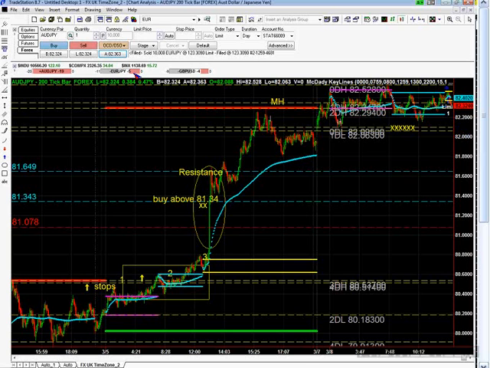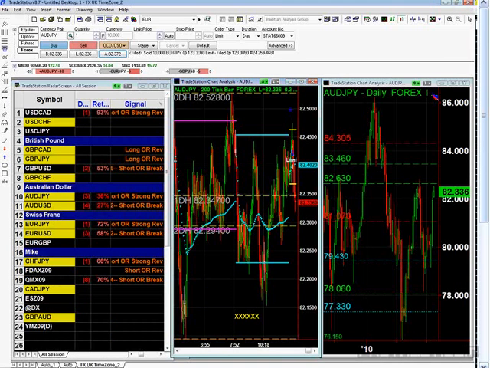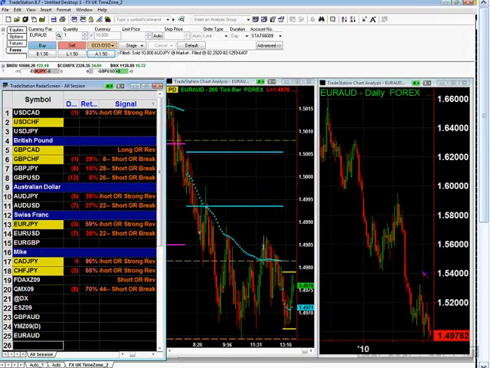But so far, it is hanging up nicely. The euro yen is also hanging okay. The pound dollar is also not moving. But for the time being, you really don't have a trade.